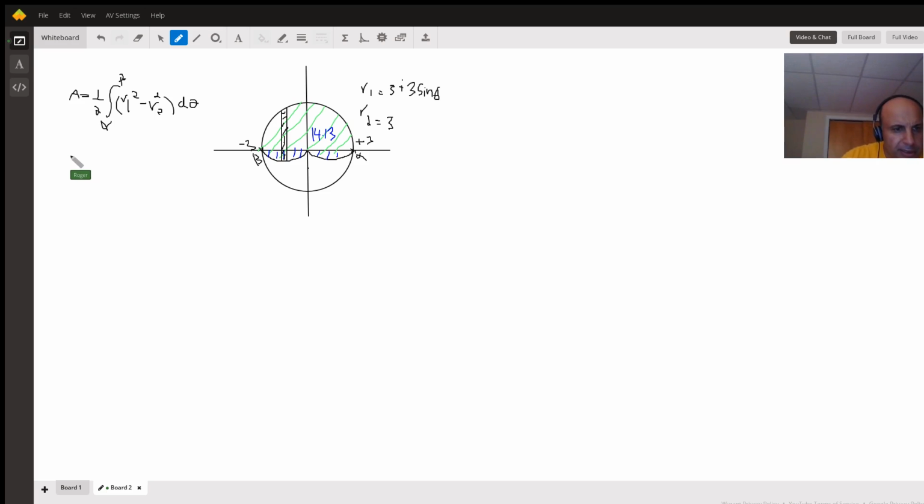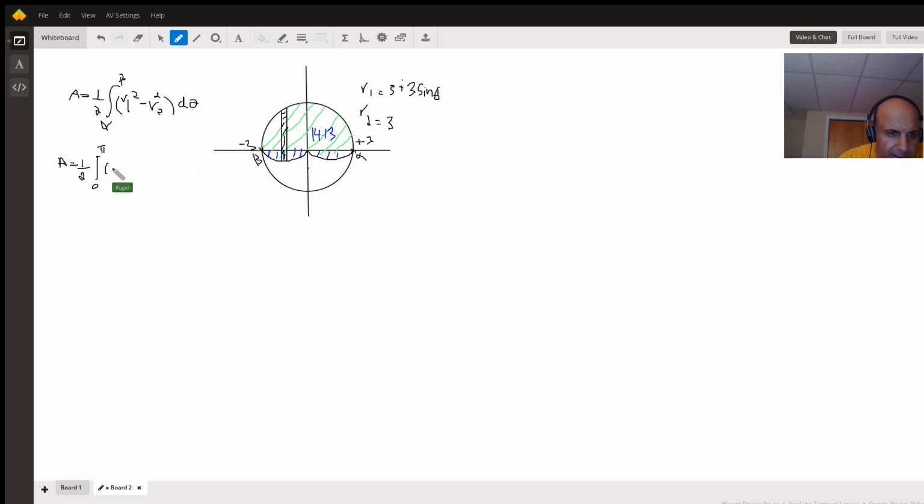So this can be written as A equals 1/2 integral from 0 to pi of what? R1 squared is 3 plus 3 sine theta squared.